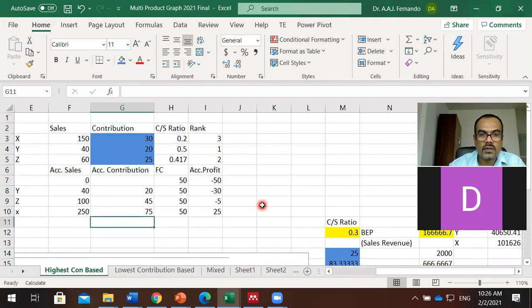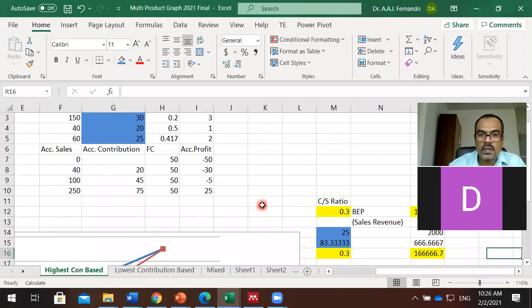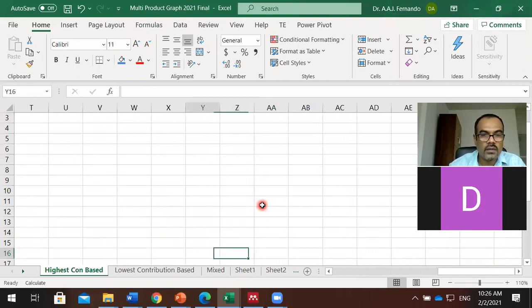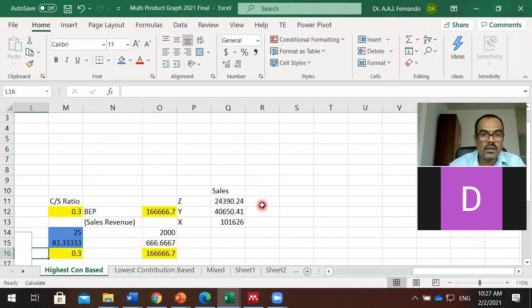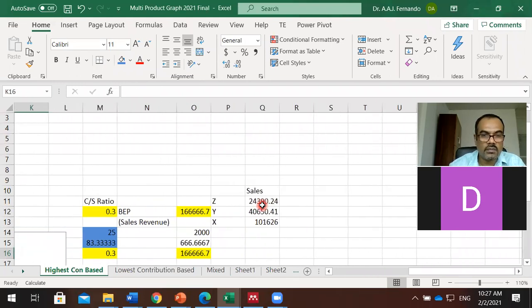I just did this calculation. One minute. Yeah, this is XYZ. That is W something, right?